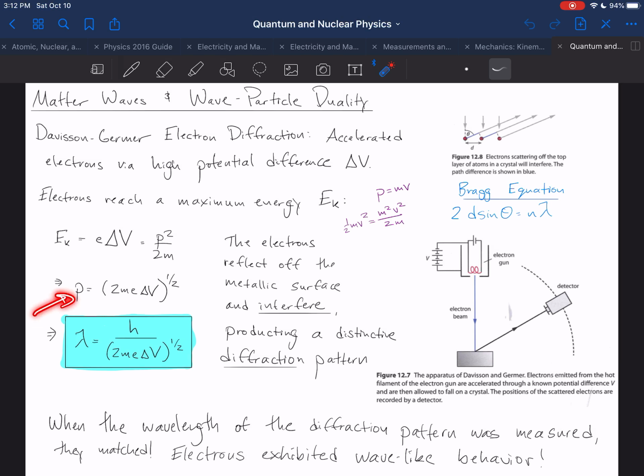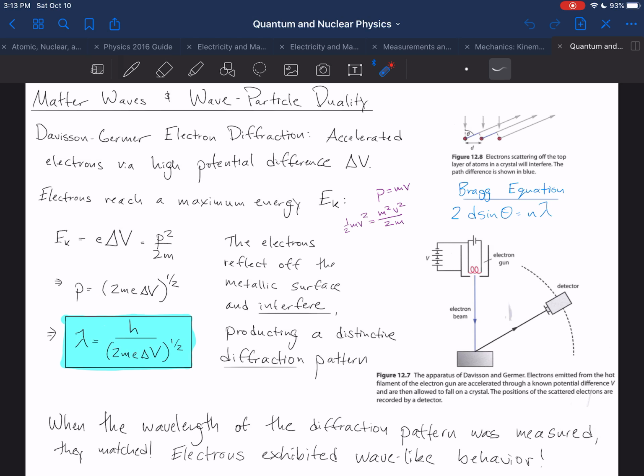If you solve for the momentum in that equation, that gives an expression for the momentum in terms of the mass of the electron, the charge of the electron, and the potential difference. By knowing what your potential difference is, the mass of the electron, and the charge of the electron, you know what their momentum is.